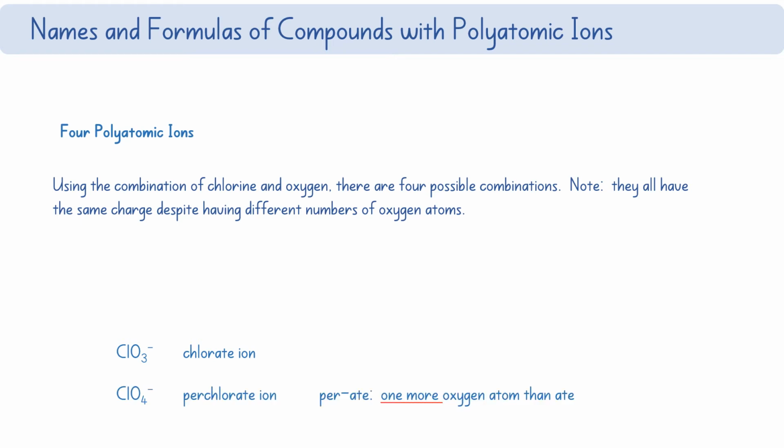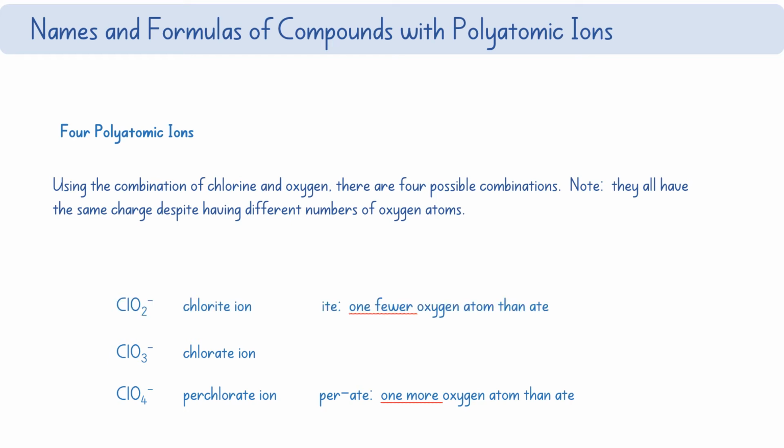Now, we can have perchlorate by adding one more oxygen atom than was in the polyatomic ion ending in ATE. So the PER means there are 4, ATE is your basic anion.